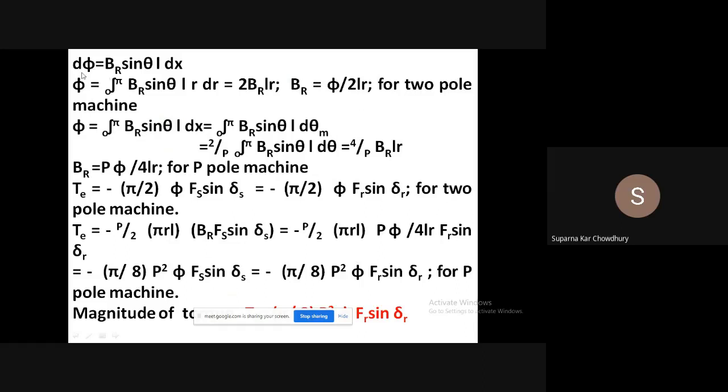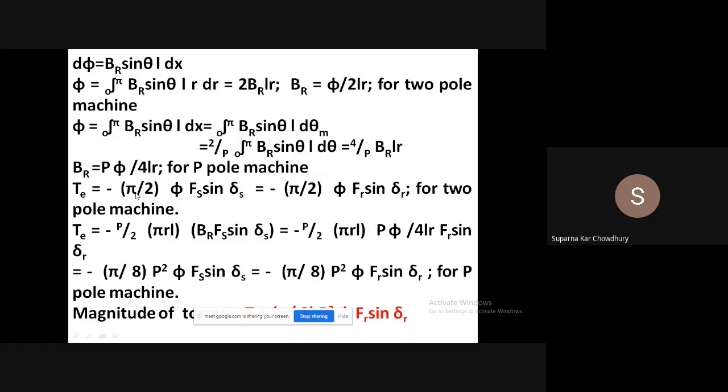Now d phi equals BR sin theta L dx. We have seen that phi for a two-pole machine is given by 2 BR LR, so BR is equal to phi by twice LR. Now for a p-pole machine, if we derive, it will give you 4 by P BR LR. For a two-pole machine, P is 2, so it becomes 2 BR LR. So BR is basically P phi by 4 LR for a p-pole machine.